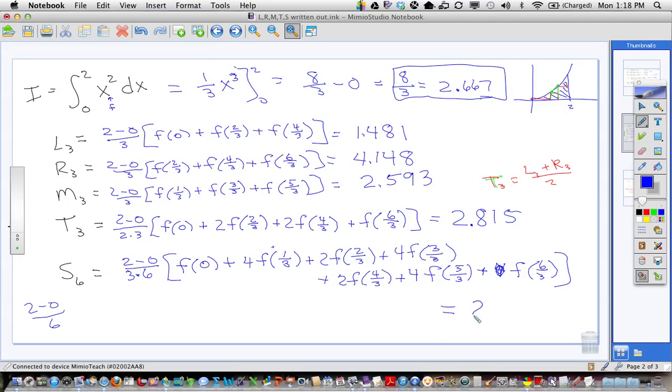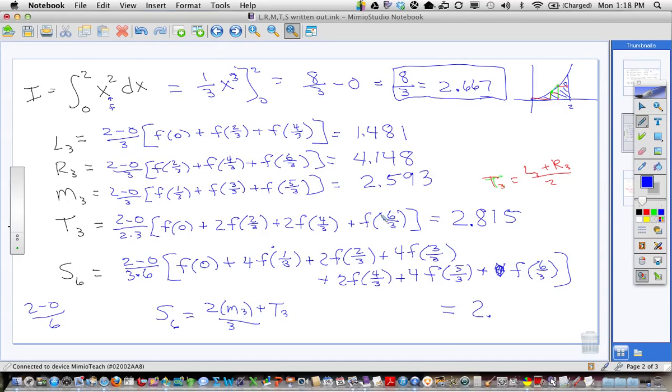And what do we get? I know it's a lot. And while you're doing that, the other formula for S6 would be to take 2 M3s plus a T3, which we'd already calculated, and divide by 3.